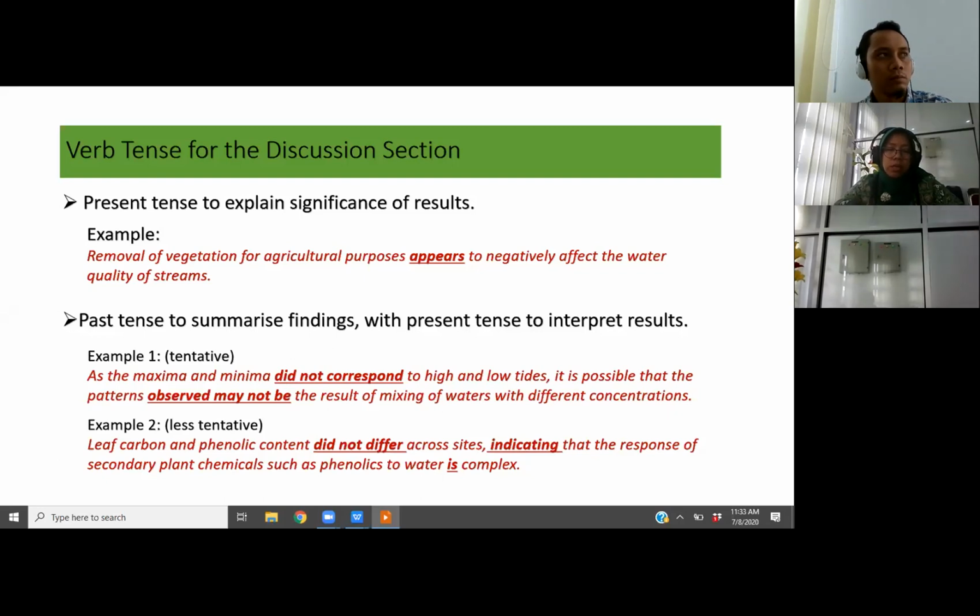And then this one, example 2, less tentative: did not differ across sites, indicating that blah, blah, blah. That is okay. But what I learned from writing, and also from my supervisors, is that if you find something in the result, you may not claim something too strong, unless you have very strong data or very strong theories on your finding.